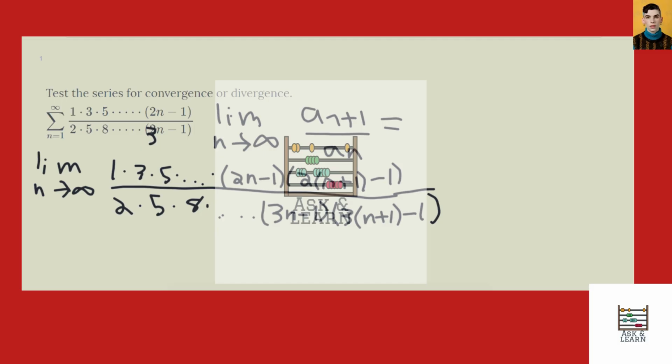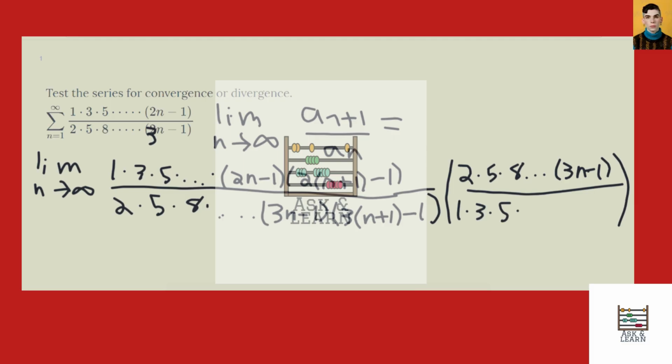And we're dividing by a sub n, which is the same thing as multiplying by the reciprocal of a sub n. So multiplying by 2 times 5 times 8, ... all the way up to 3n minus 1. And then down below, we're having 1 times 3 times 5 times ... times, oops, should have parentheses here, times 2n minus 1.